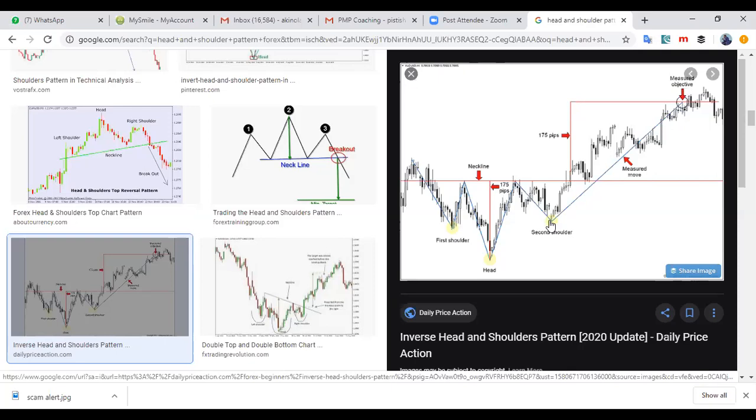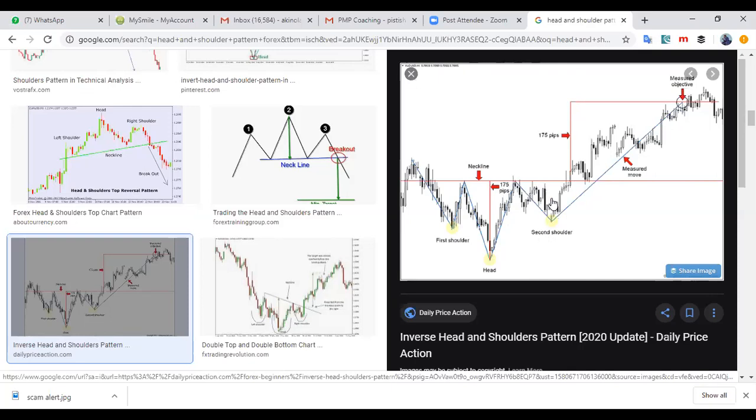What is that thing? I take my stop loss to be above this head. What does that mean? And why do I do that? Now, if what I'm taking is a little bit more uncertain, because it might eventually not be a head and shoulder, it might eventually be a double top, a double bottom in this case.